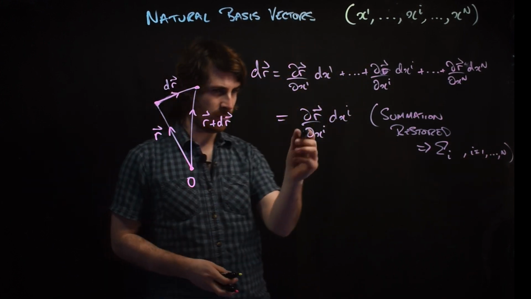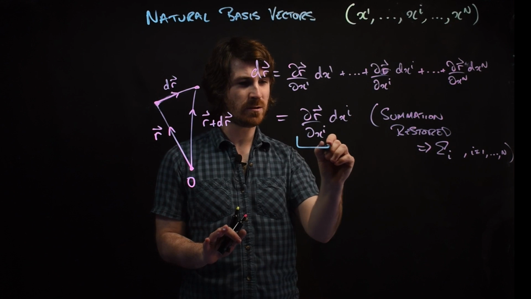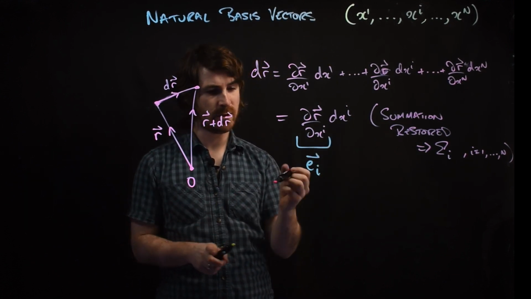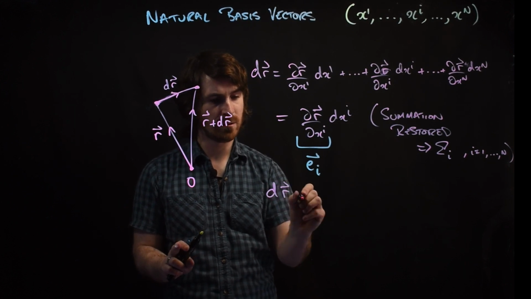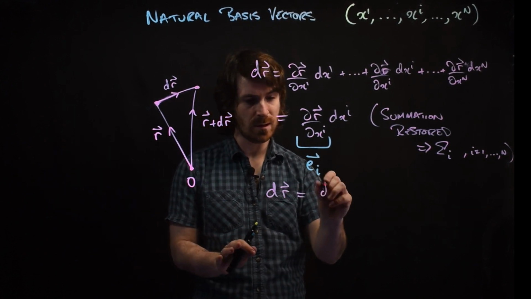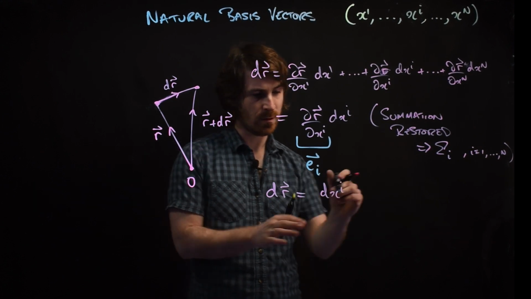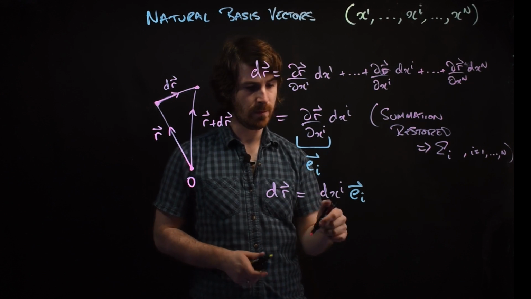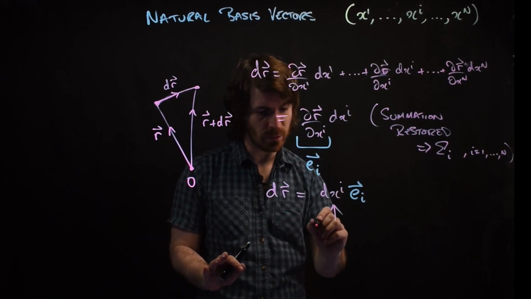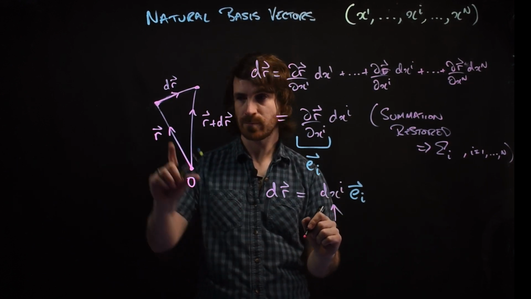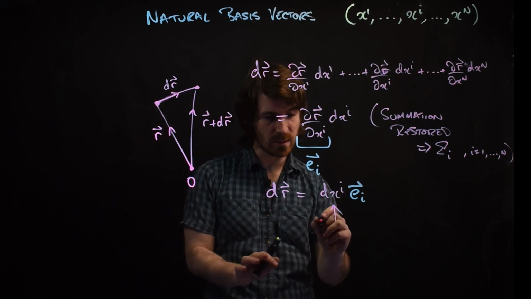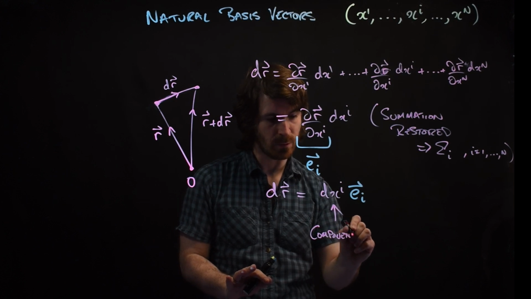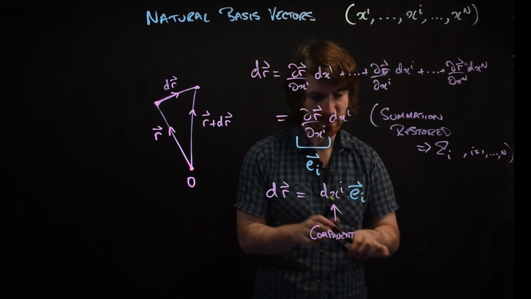And we found out that these are called our basis vectors, ei. So in the general case, we have dr equals dxi ei. This is a vector, dr. This is a component, and this is our natural basis vector.